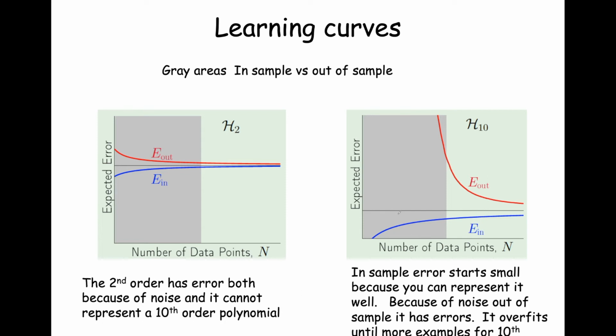If we look at the other example, in-sample error starts really small because you have a degree 10 polynomial as your target function, and you also have a degree 10 polynomial, H10, for your hypothesis set. It can represent that target function really well. Of course, we said before the difference is noise. But because it can represent it very well, before you even have a large number of data points, you see that En is relatively small.